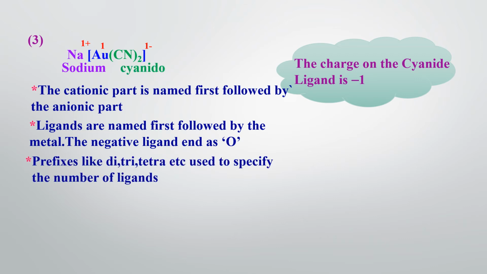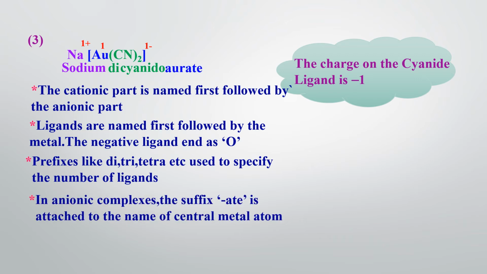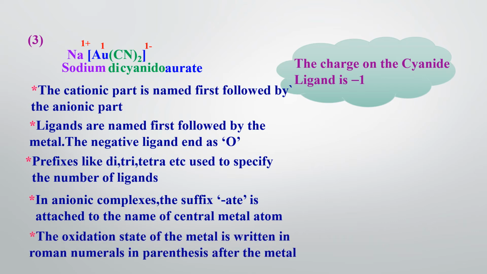So dicyanido it is. Then, since it is an anionic complex, the name ends with ate. So it is aurate. The oxidation state we have already calculated, that is 1. So that is the name of the complex. It is also an anionic complex.